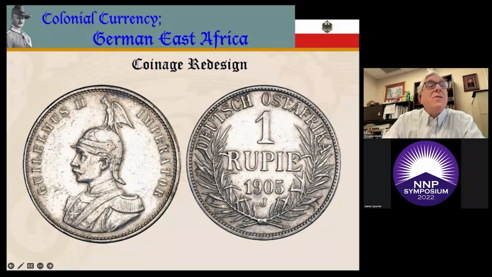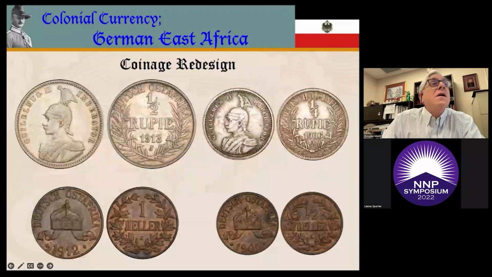This meant that the colony was on the verge of great success just as the war started, and was in need of money. And this is where we'll talk a little bit more.